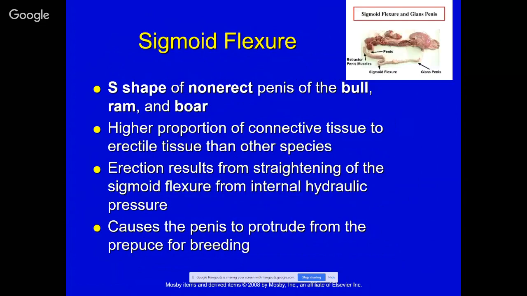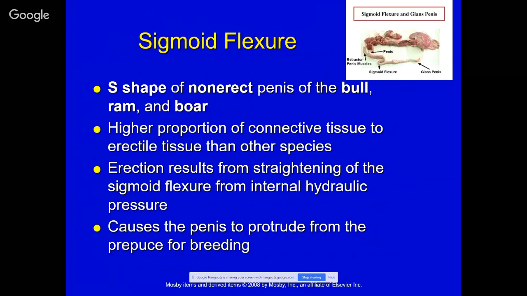In other mammals, there is something called a sigmoid flexure. This is an S shape of a non-erect penis of the bull, the ram, and the boar. And this has a higher proportion of connective tissue to erectile tissue than other species. Erection results from straightening of the sigmoid flexure from internal hydraulic pressure.